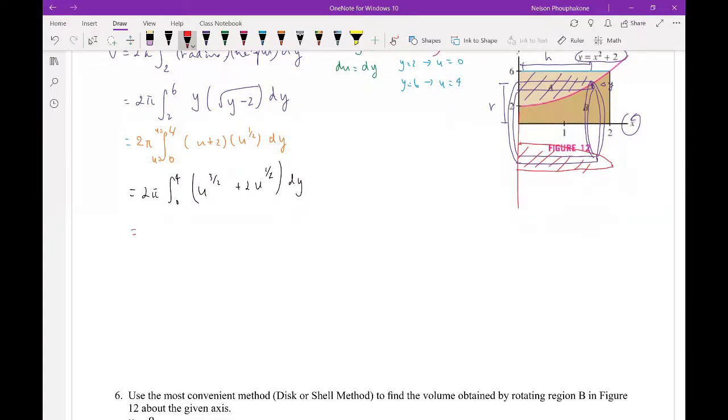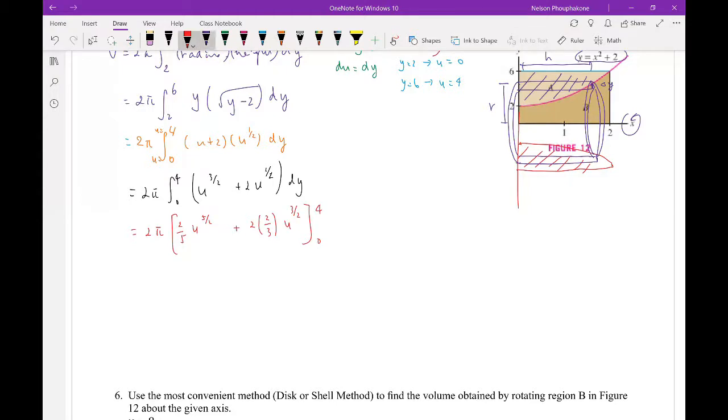And now I have 2 pi, and then this one will be 2 over 5 u to the 5 over 2 plus 2 times 2 over 3 u to the 3 over 2, integrate between 0 and 4.